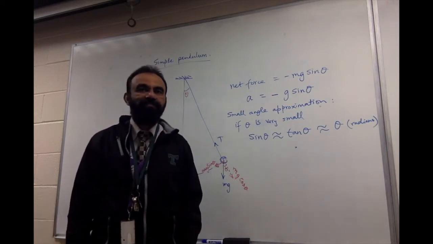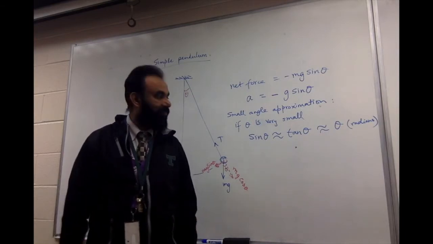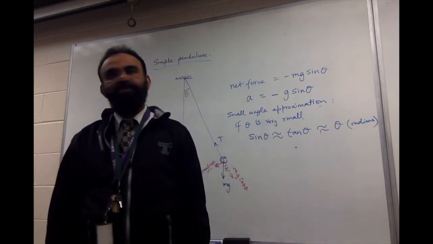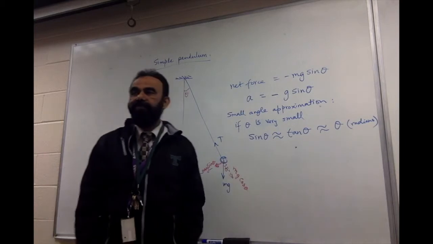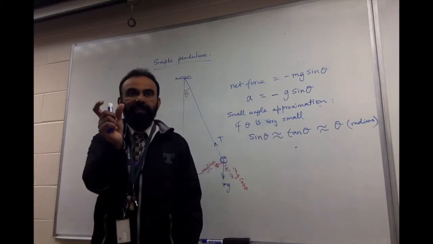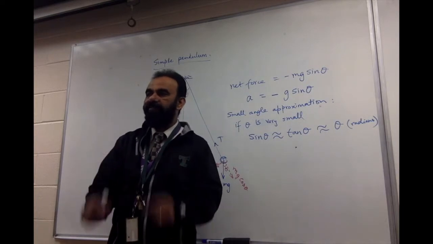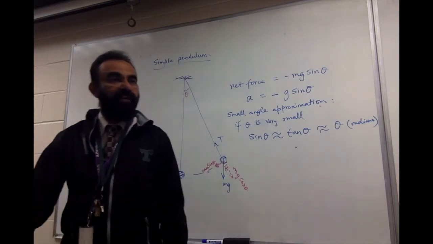How small is very small? Take your calculator. Take 5 degrees, for example. Now, 5 degrees is not too small an angle. What is sine 5? Do you see it on the calculator? Then do tan 5. Are they pretty close?